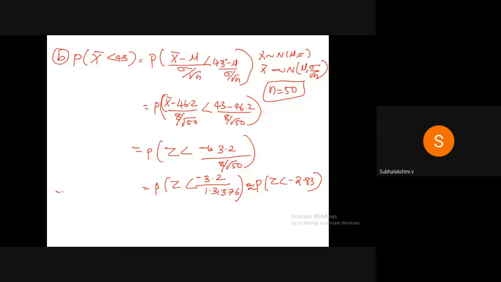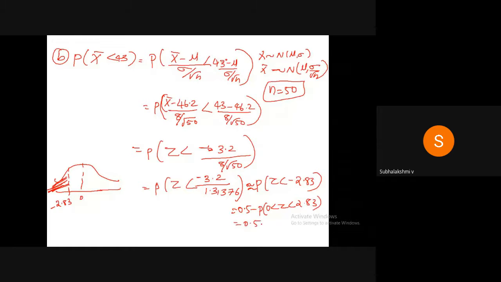This is the standard normal. Using the normal curve, the probability of Z less than minus 2.83 is equal to 0.5 minus the probability of 0 less than Z less than 2.83.